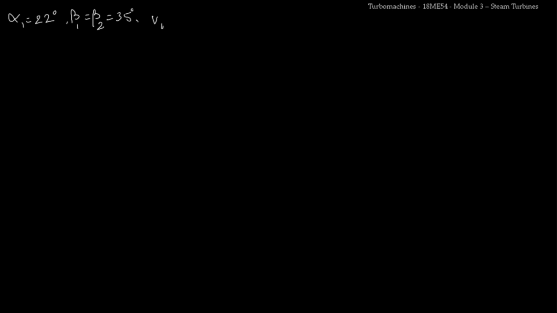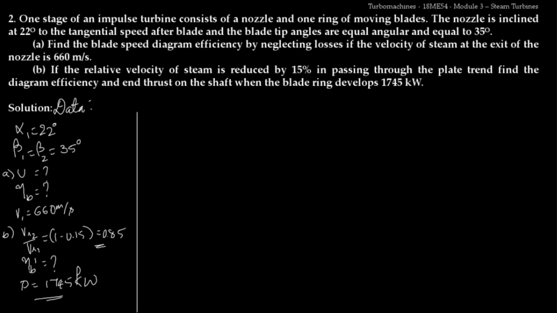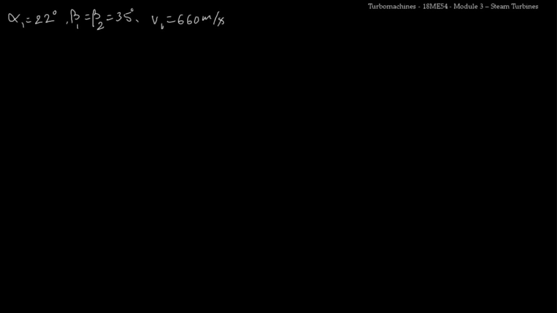Then I need V1, which is 660 meter per second. So these are the relevant data given in the problem. Then we have CB here. CB is also required for the second case. First let us concentrate on the first case.